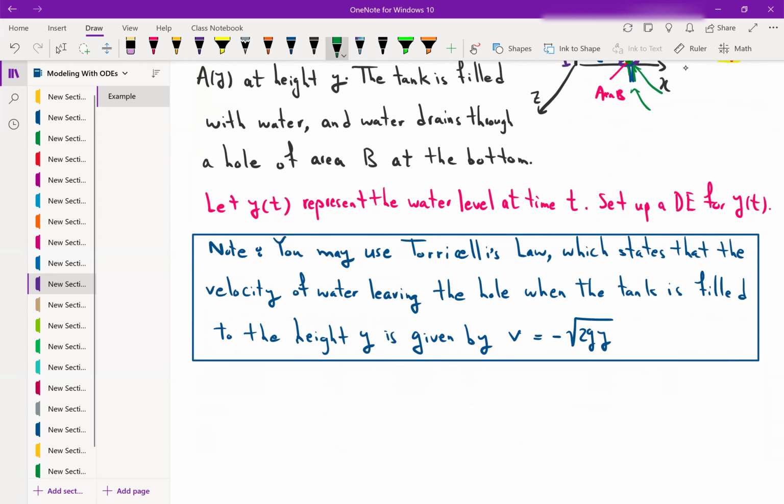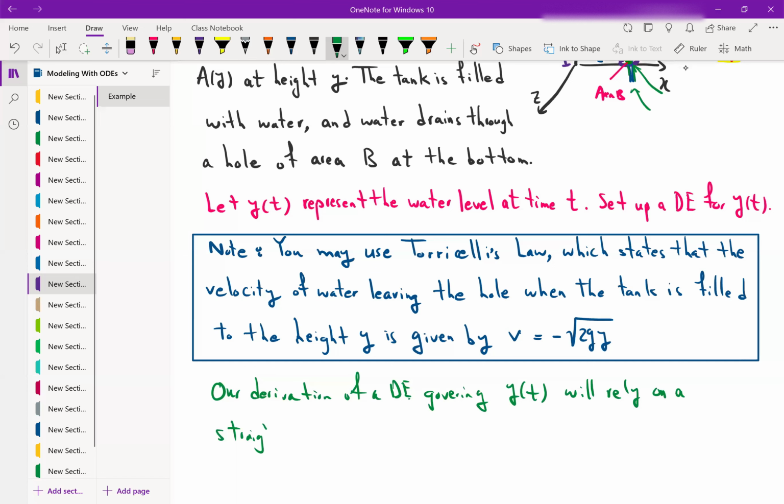Our derivation of a differential equation governing y of t, the water level at time t, will rely on a straightforward balance principle, a conservation principle.